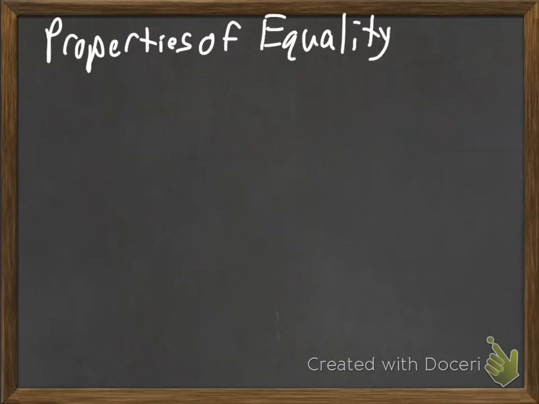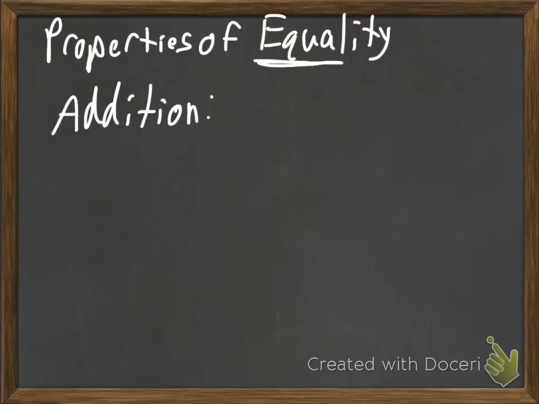Now we're going to talk about just some specific properties of equality. And there are 5 of them. The first is addition. The addition property says that we can add the same number to any side of an equation. Now we know we're working with equations because of this equal.